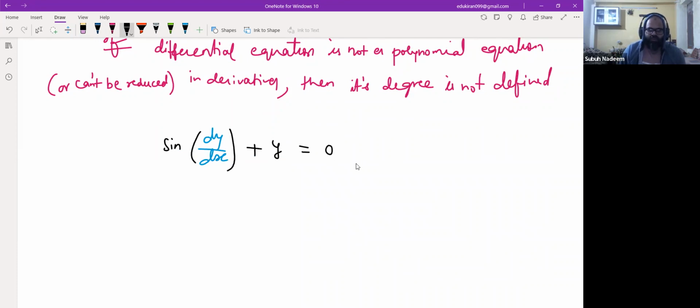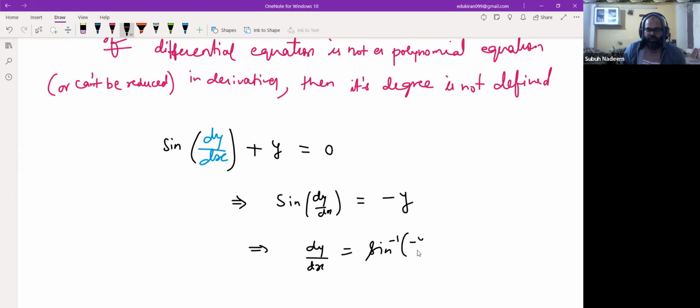Can you define its degree? No. No, but we can define. How? Sine of dy by dx is equal to minus y. So dy by dx equal to sine inverse of minus y.